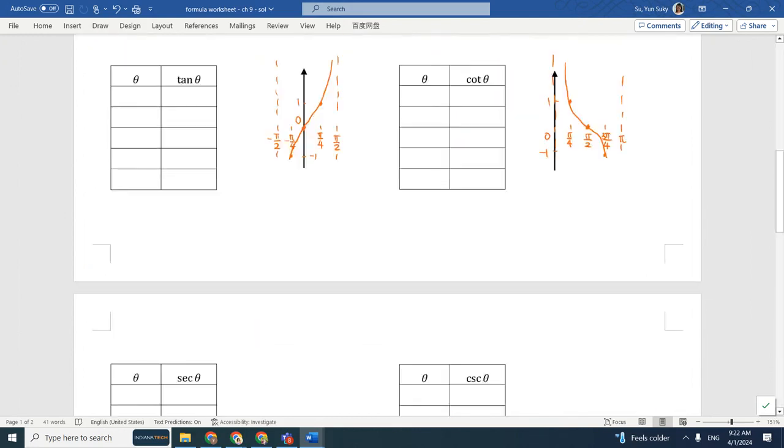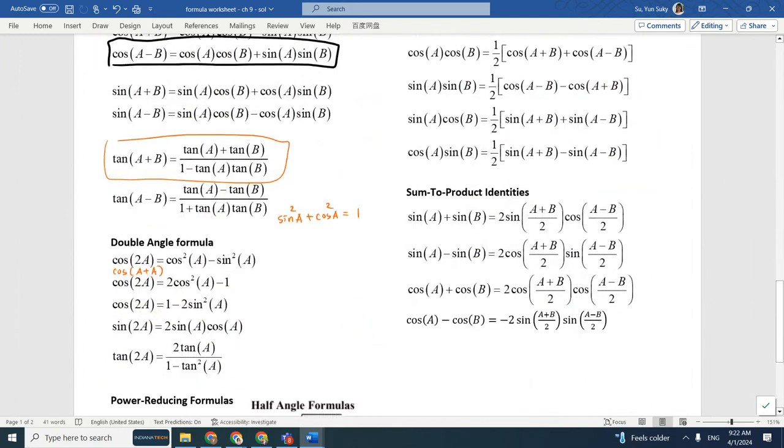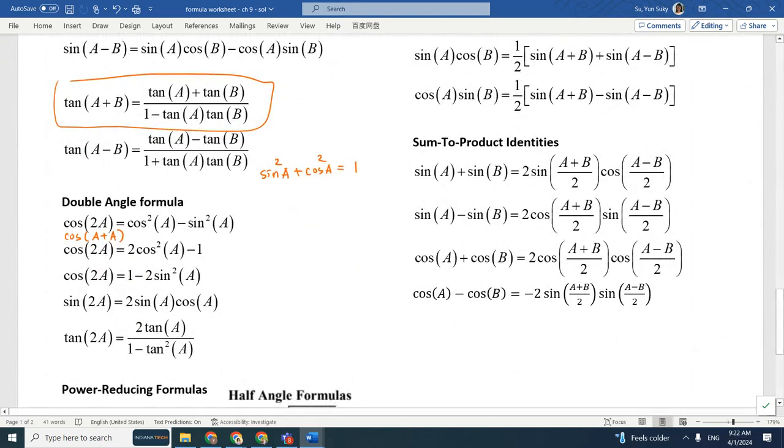So you use this, then you can get rid of cosine, because the alternate form is cosine squared is 1 minus sine squared. So you plug this in here. Then this becomes 1 minus sine squared A, that is the cosine squared, and you have minus another copy of sine squared.